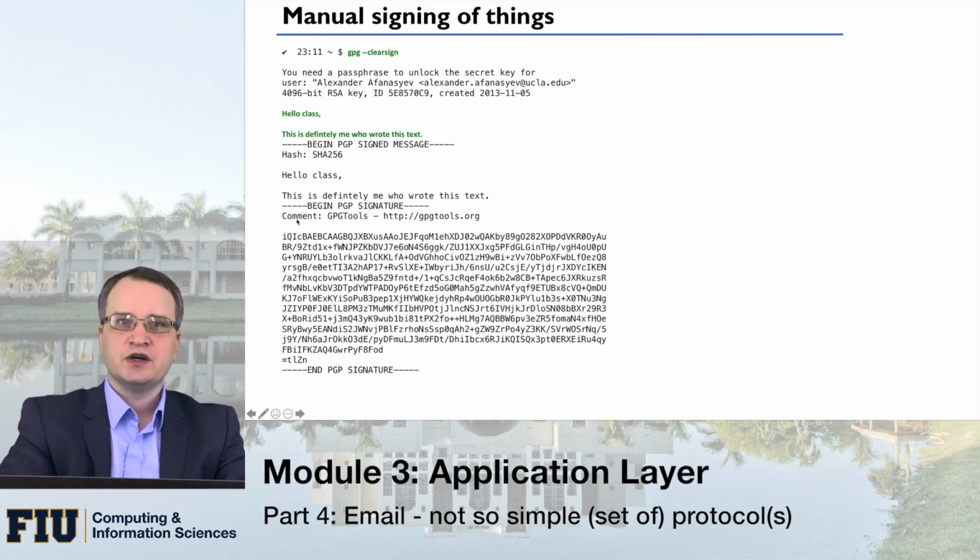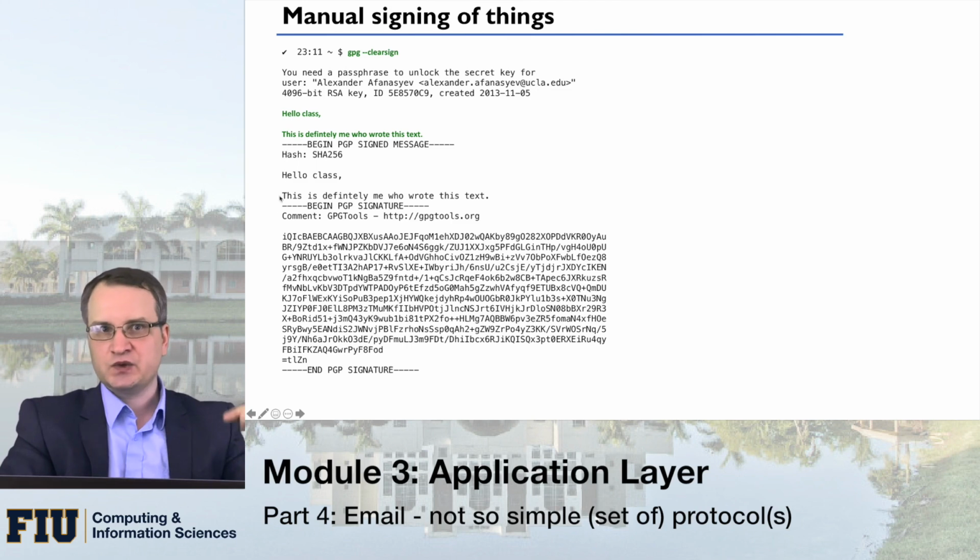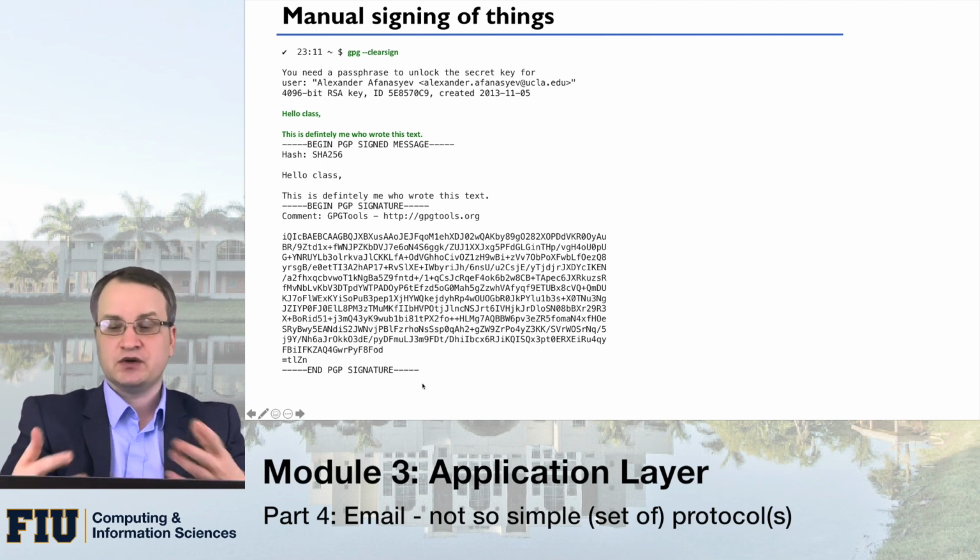It has a few headers of the message and then some information outside. As you can see, because you do signing, not encryption, you still include the plain text of the actual message. You just indicate what is the beginning and what is the end of the message, and there is some information about the content of this message.